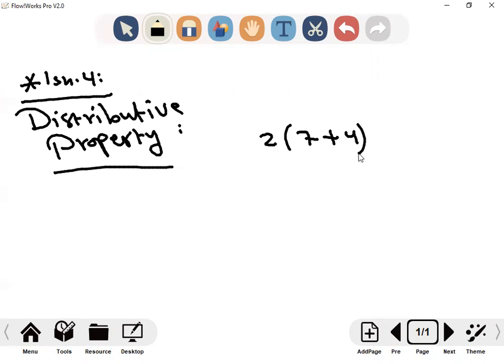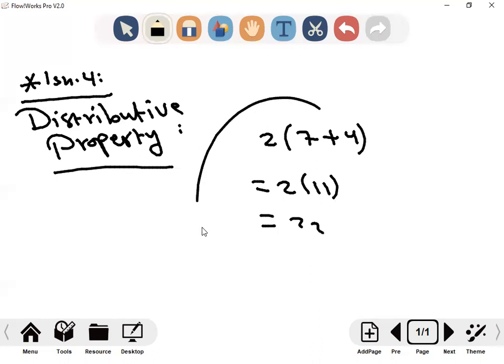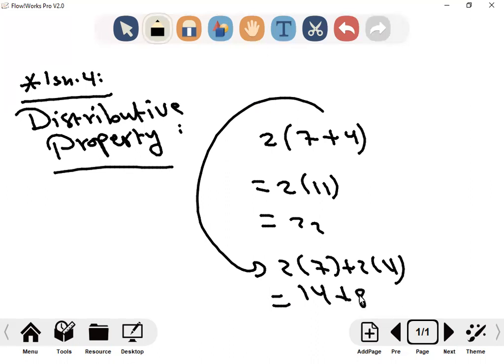Here I can say it is 2 with 11, which is 22. Or I can say 2 by 7 plus 2 by 4, which is 14 plus 8, 22 also. So we can use it in numerical expressions.